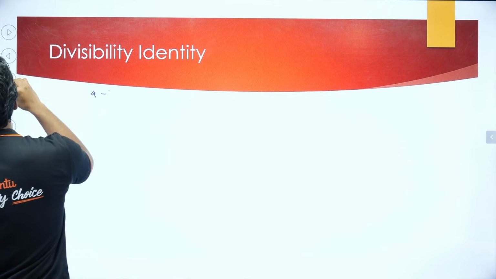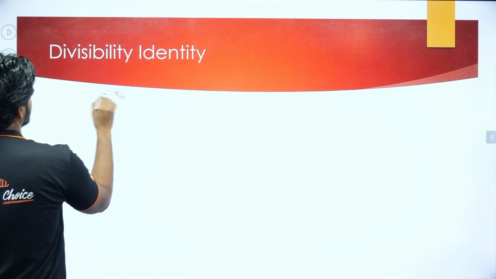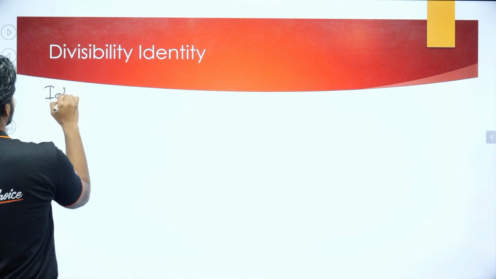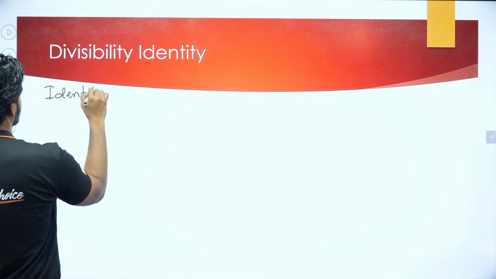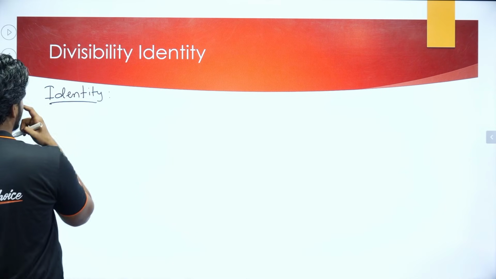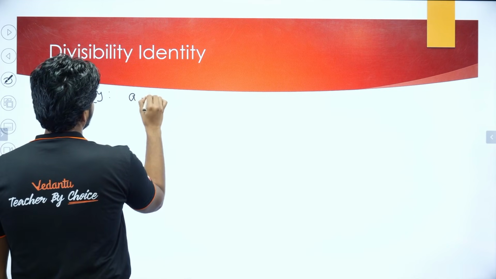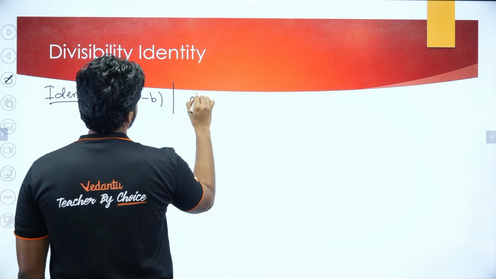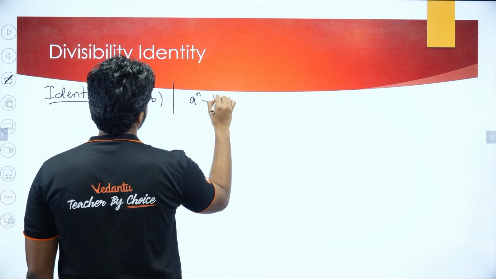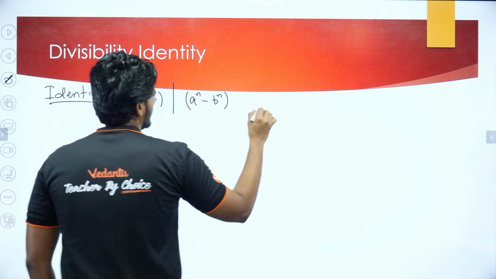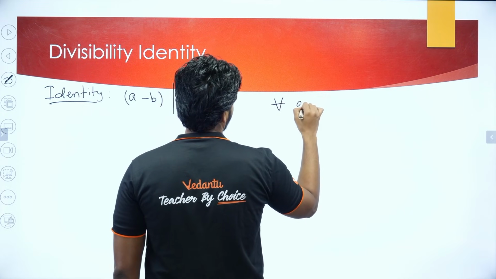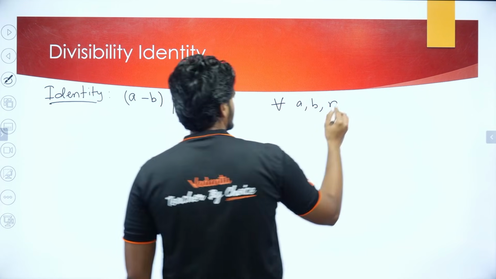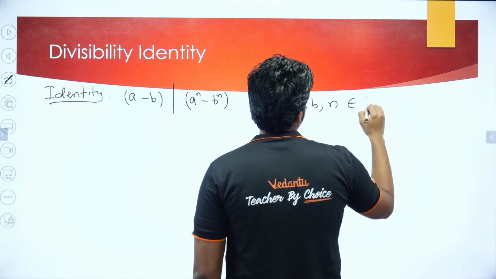So the identity says a minus b divides a power n minus b power n for all a, b belonging to integers and n natural numbers.